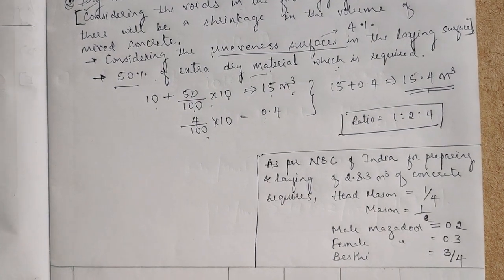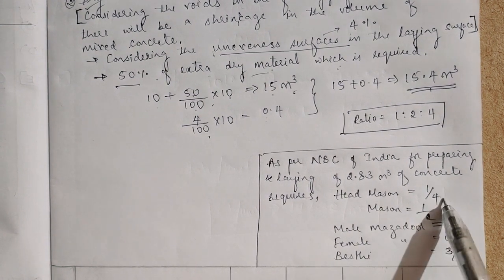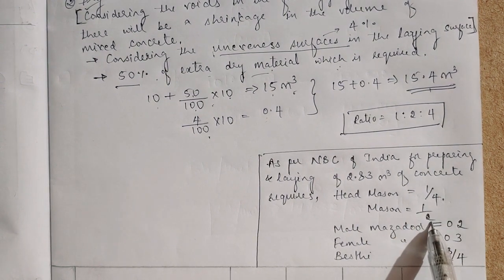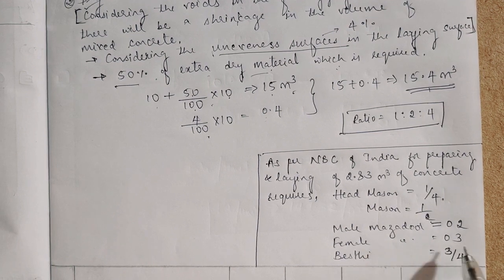As per NBC of India, head mason is 1/4, mason 1/2, male mazdoor 2, female mazdoor 3, bhesti is 3/4.